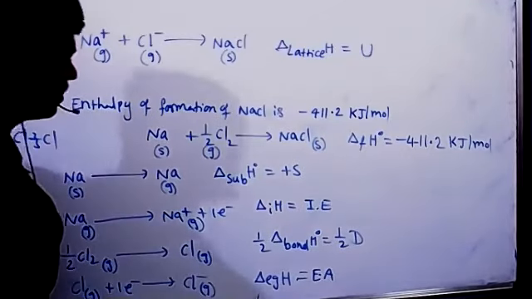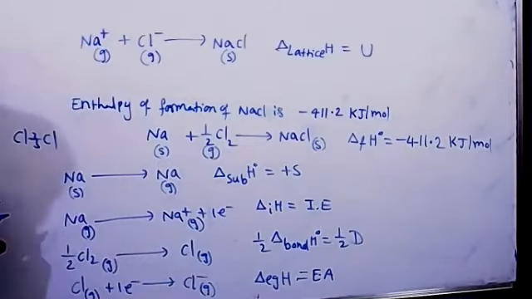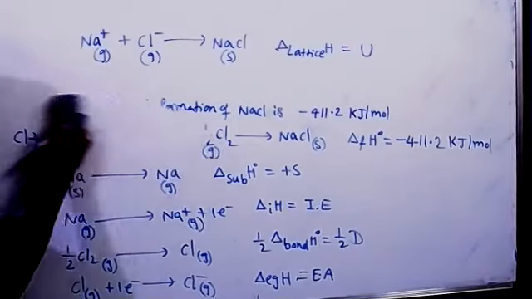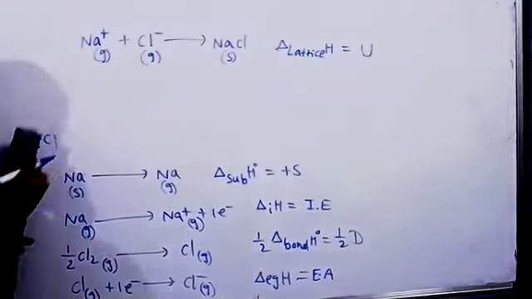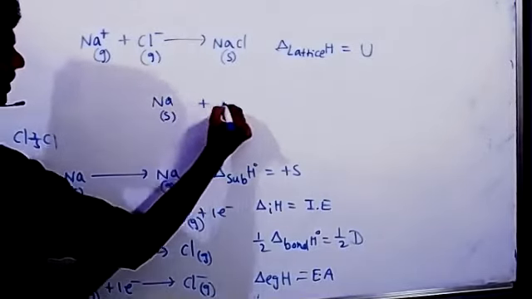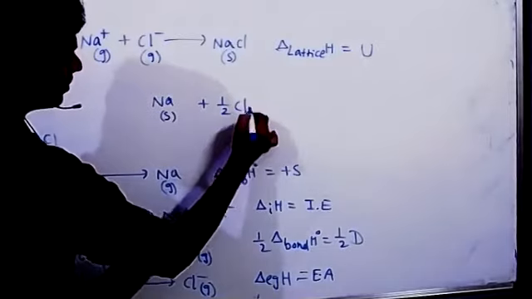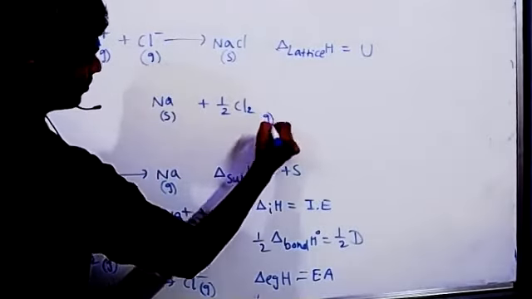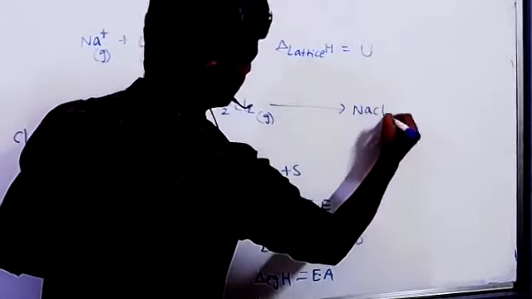Okay, now I will draw the Born-Haber cycle. Solid sodium combines with half a mole of gaseous chlorine, Cl2, giving NaCl solid.